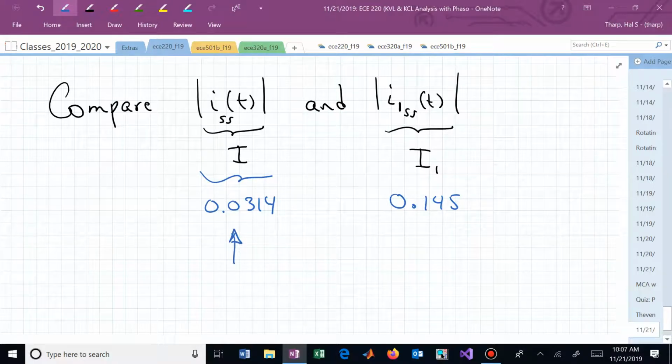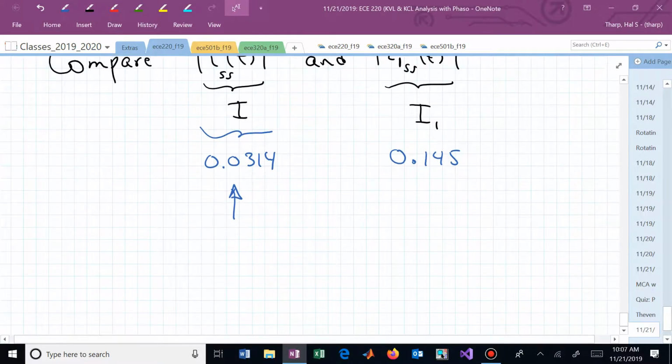The power company is not happy when your load causes a big phase shift. They want the voltage and the current to be aligned as much as possible. And that difference is called, in a way, the power factor. And you want to now make your angle 0 so that you have a power factor of 1. But here, this 0.0314 is what the power company supplies.